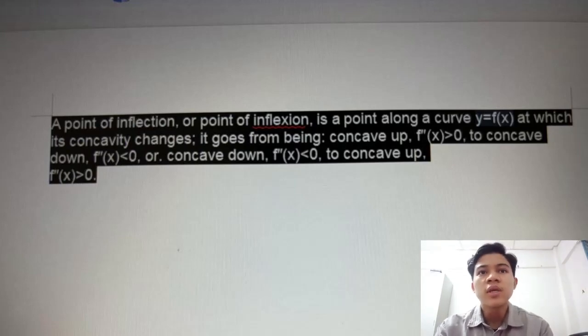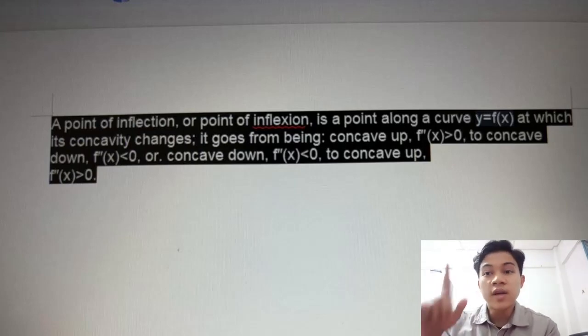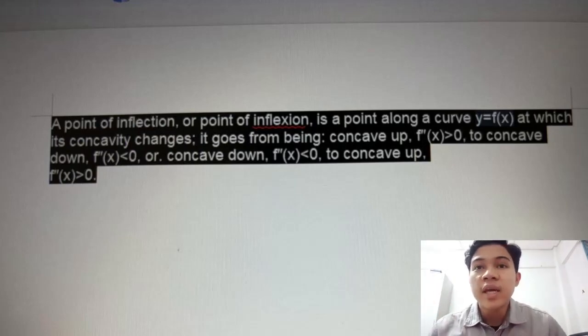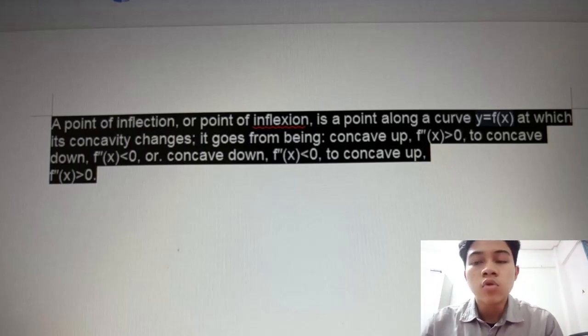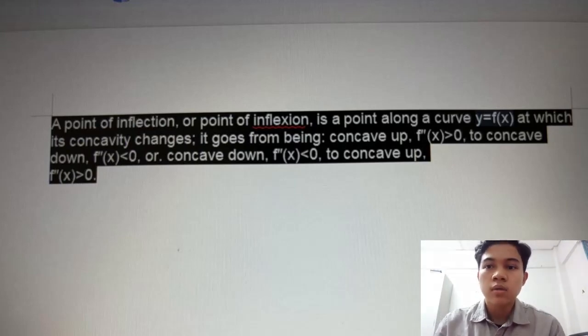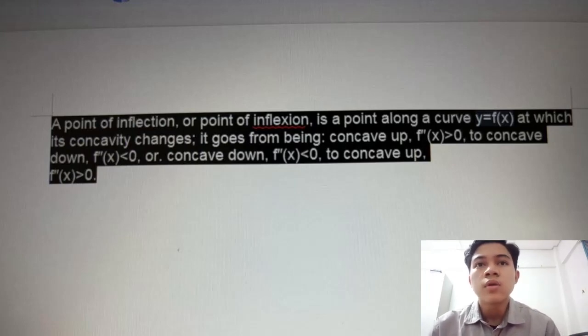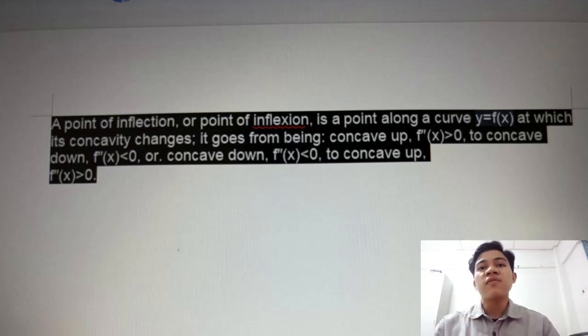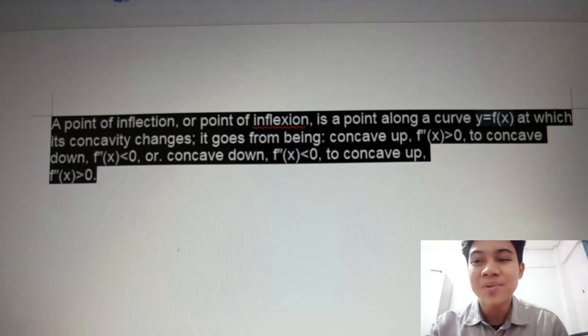It goes from being concave up, where f''(x) is more than 0, to concave down, where f''(x) is less than 0. Or it goes from concave down, f''(x) less than 0, to concave up, f''(x) more than 0.